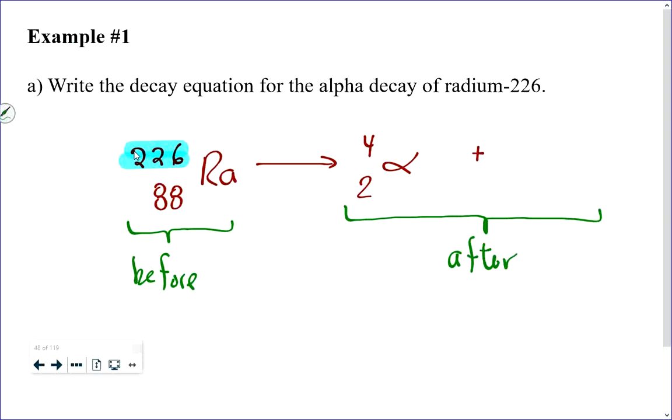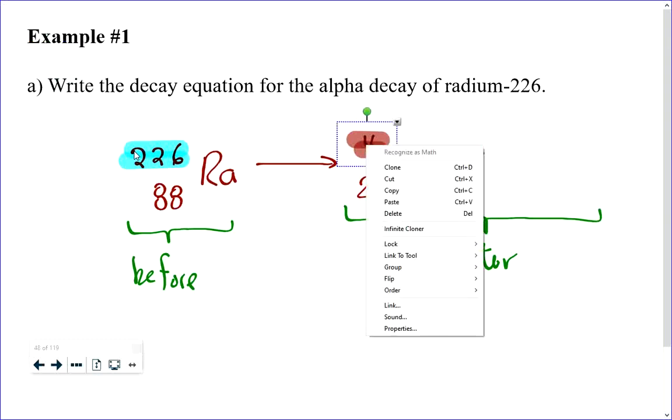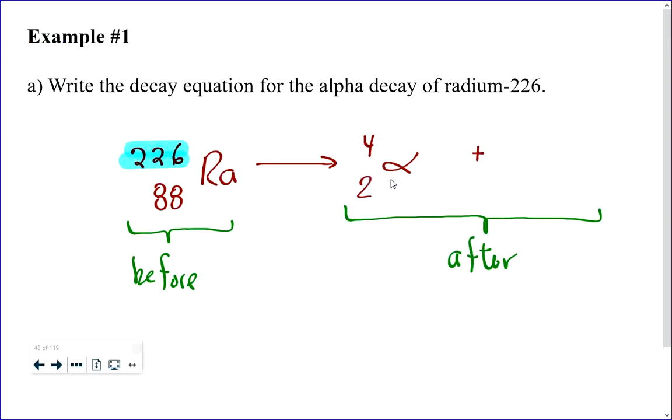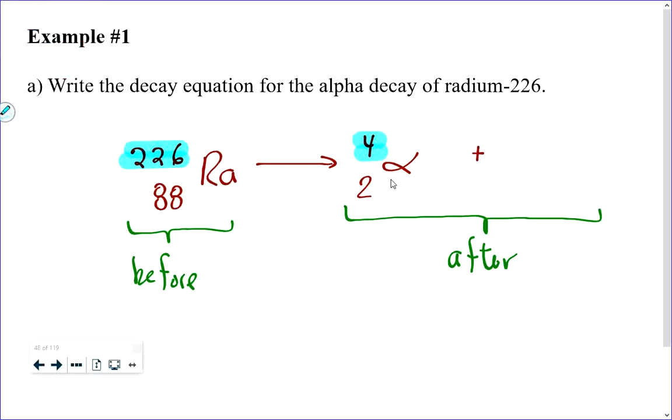If you have 226 before, then you need to have 226 after, and we only have 4 accounted for. So Brody, how many more do we need? 222. It's just a matter of saying the numbers on the top have to add up left and right. So 222.